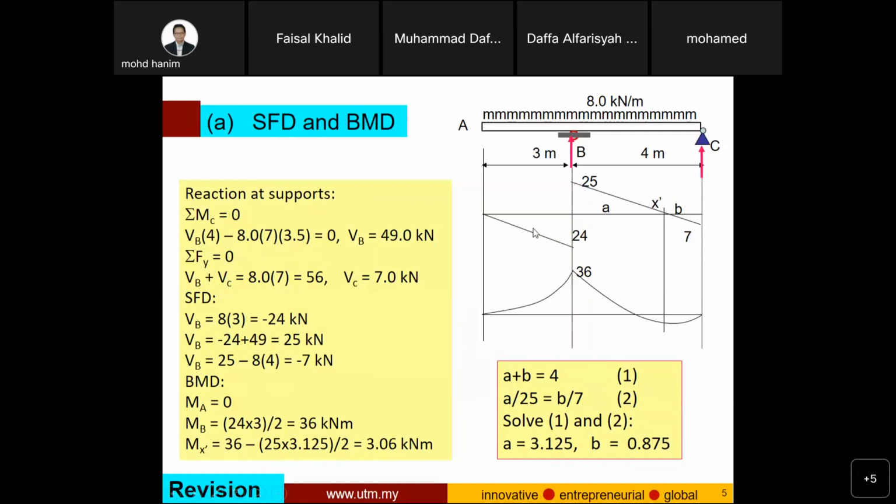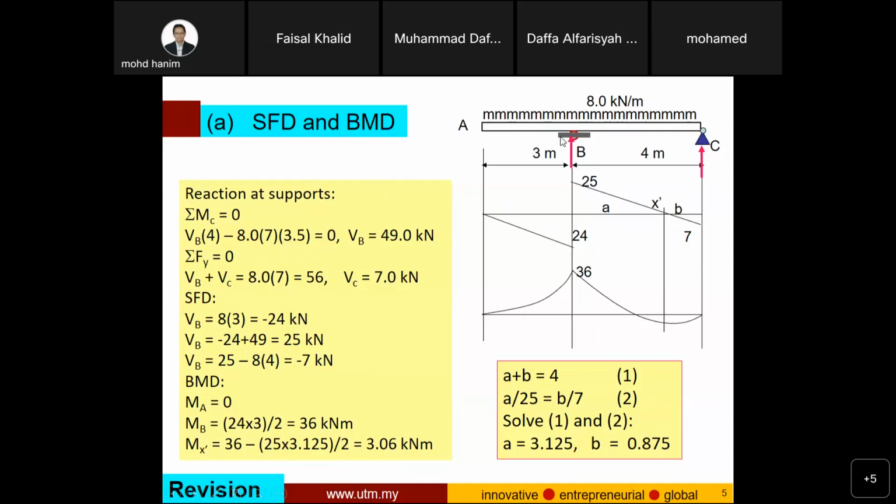I'm not going to go into detail, but the very first thing that we have to know is the equilibrium equation. Summation of moment at C equals 0, summation of F equals 0. In this case, we have Fy equals 0. There is no Fx because there is no horizontal loading. So we have two equations. How many unknowns? We have 1 and 2.